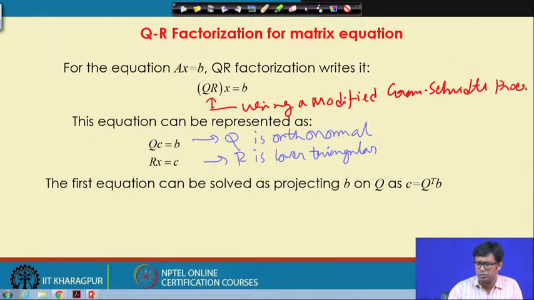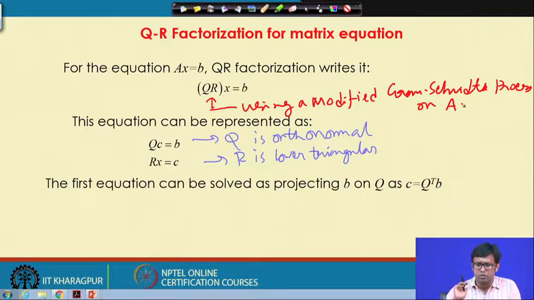So take a matrix A, run modified Gram-Schmidt on A, you will get the Q matrix, and in these steps you can find out what the R matrix is.